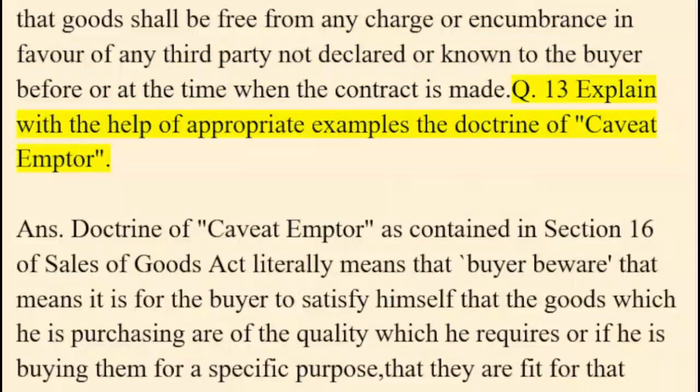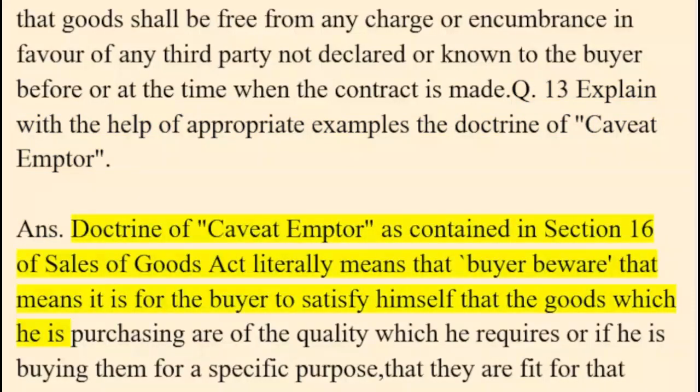Q. 13. Explain with the help of appropriate examples the doctrine of caveat emptor. Ans. The doctrine of caveat emptor, as contained in Section 16 of the Sale of Goods Act, literally means "buyer beware."